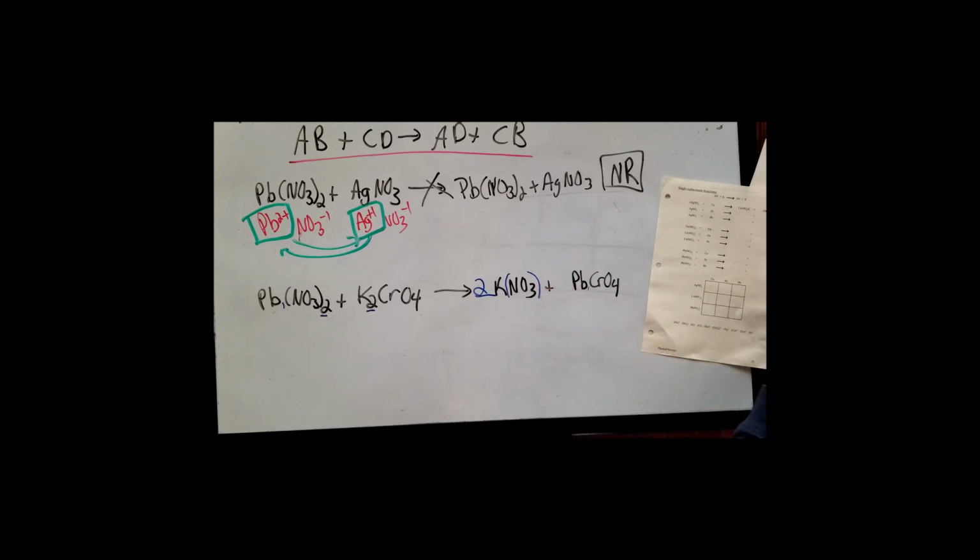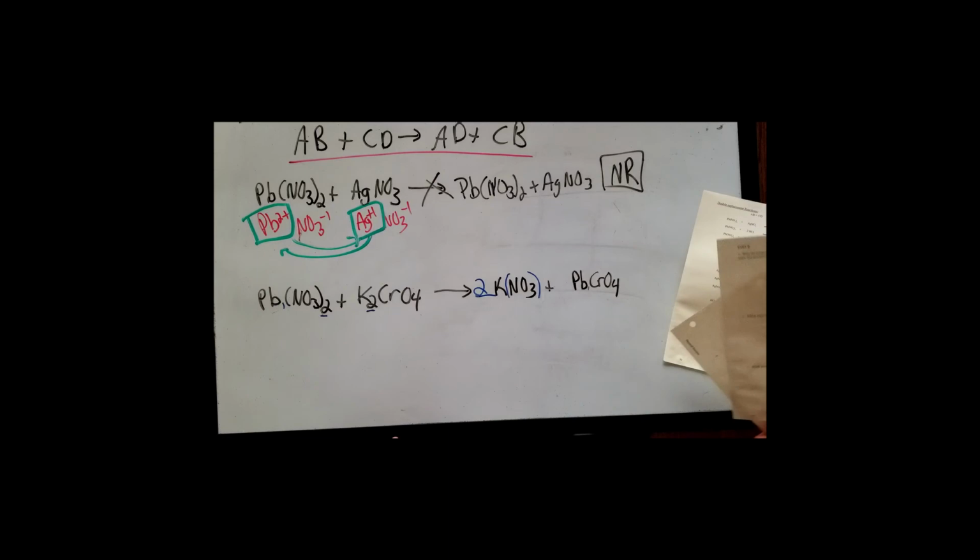Now, how do I know if a solid formed or not? We're going to be looking at your chemical reactions on the PowerPoint video to see if a solid did form. You could also use your solubility chart.